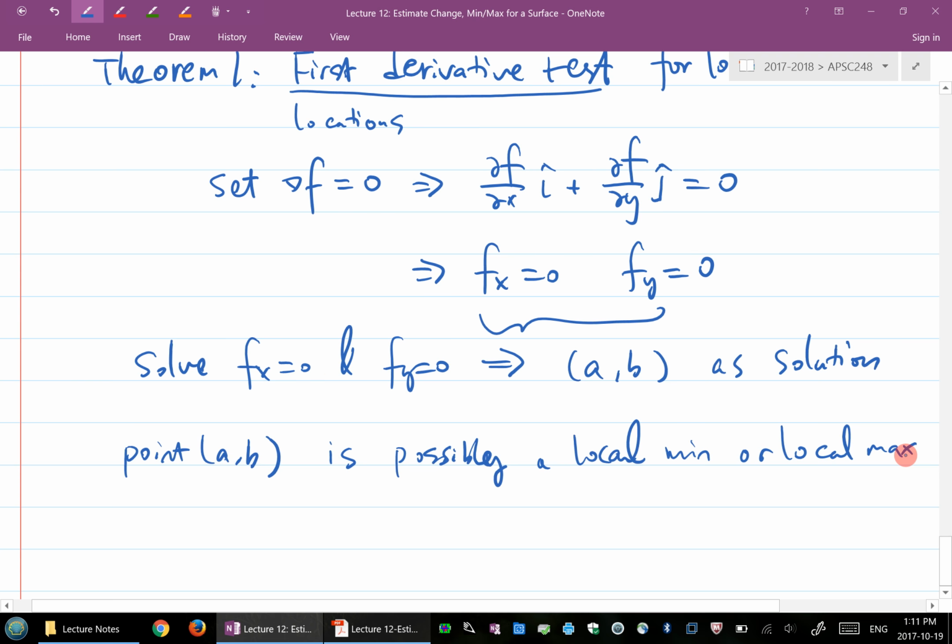So that's called the first derivative test, to get the possible min location and possible max location.